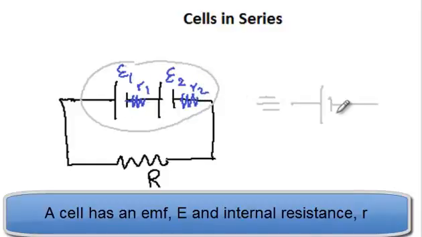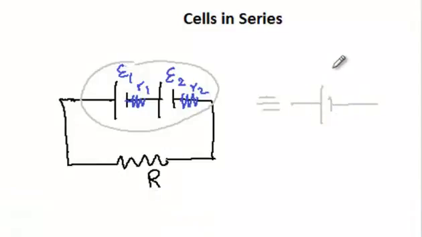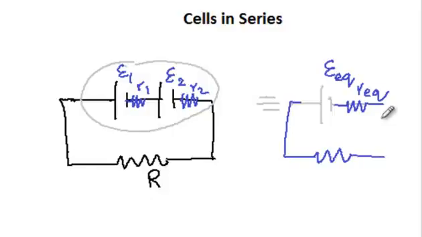Now for the cell that we want to find, the cell which is going to replace this combination, say that has an EMF which we'll call E equivalent, and this has an internal resistance which we are going to call R equivalent, and the rest of the circuit remains the same. You have the external resistance R to which this single cell will be connected.